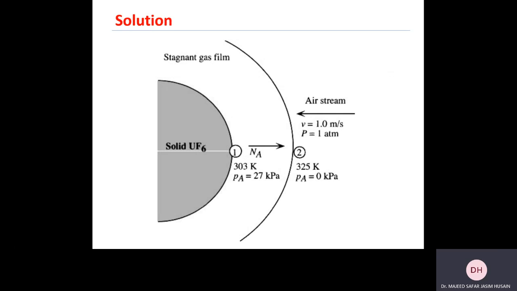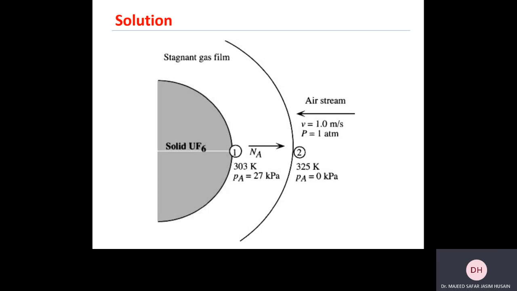So this is the diagram showing you what is happening. You have the cylinder, which is made from solid UF6. On the surface, the temperature is 303 Kelvin. The vapor pressure of that solid material is 27 kilopascal.